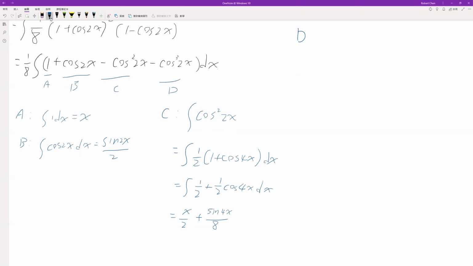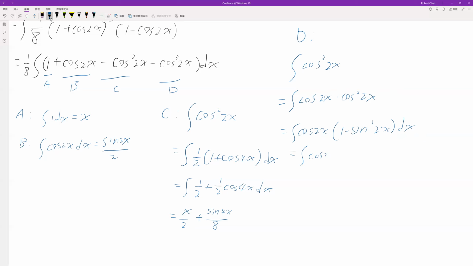All right, now last one, D. This is going to take a while, but we can still do it. Cosine cubed 2x. So just like type A, just like the first example, we're going to factor out one of them, and then write the other one as cosine squared 2x. All right, and then replace cosine squared with 1 minus sine squared 2x dx. And then start from there.